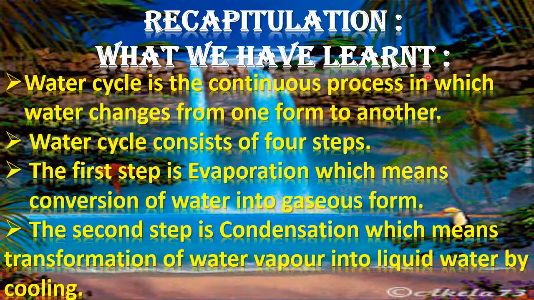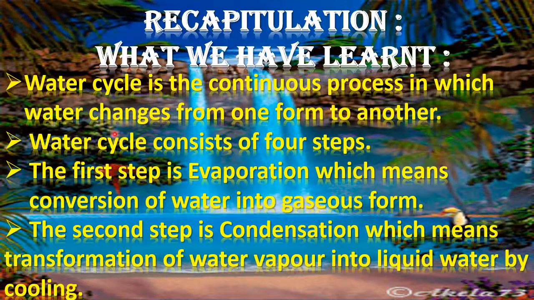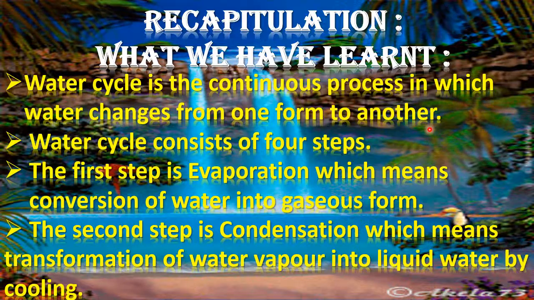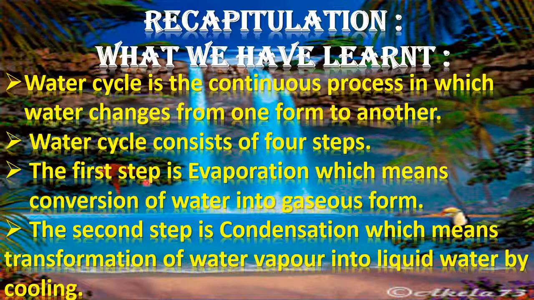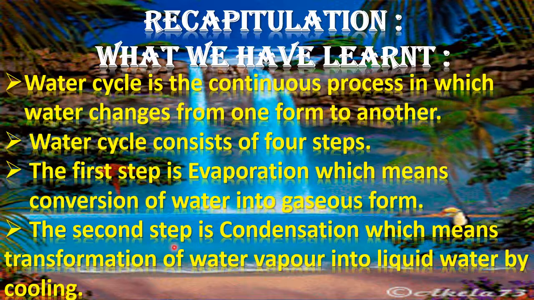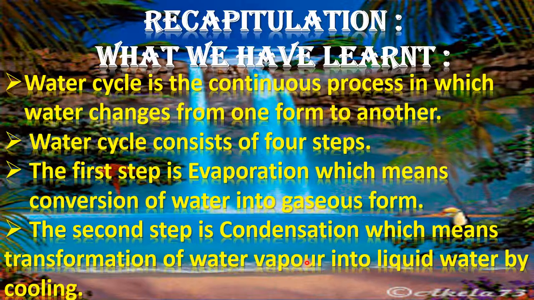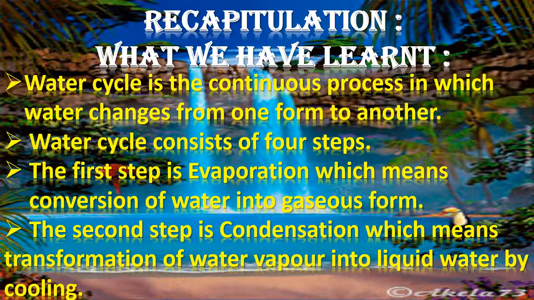So let's have a quick recap. What we have learned. Water cycle is the continuous process in which water changes from one form to another. Water cycle consists of four steps. The first step is evaporation, which means conversion of water into gaseous form. The second step is condensation, which means transformation of water vapor into liquid water by cooling.